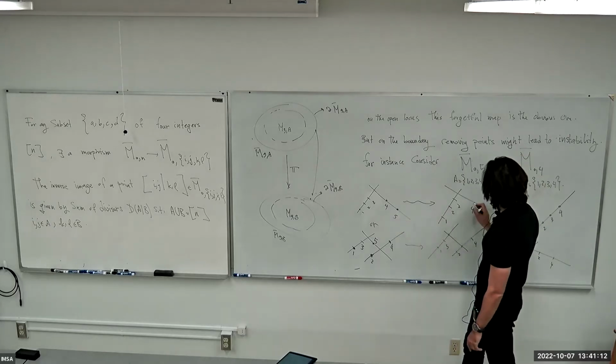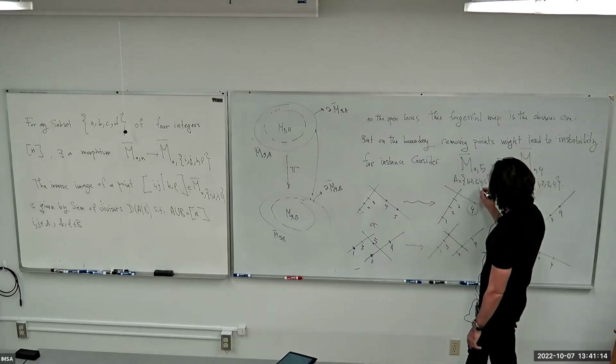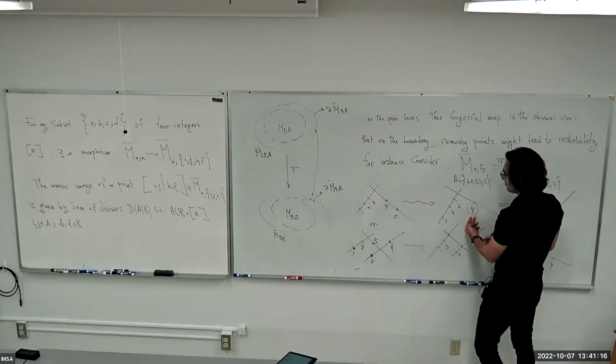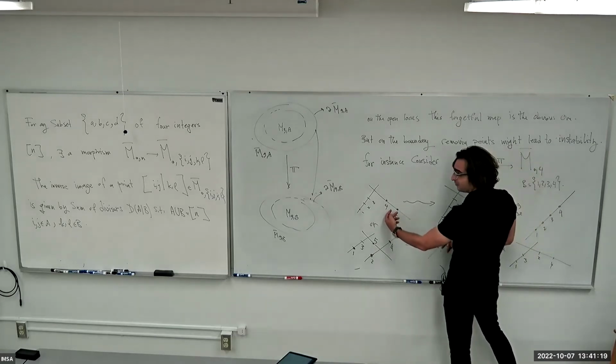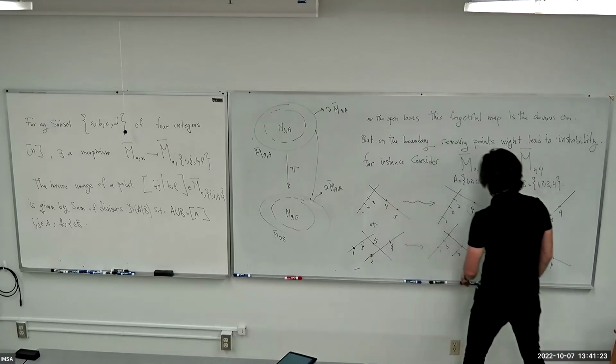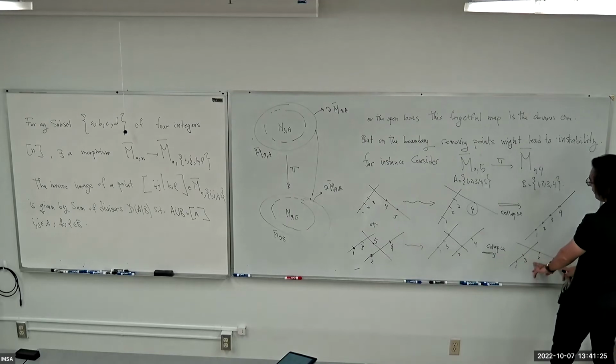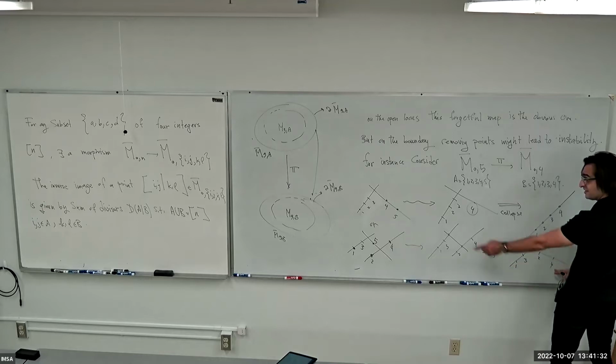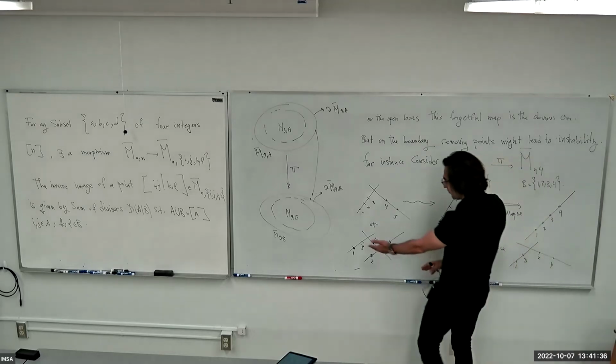I could have picked 3 and 4, so 4 and 3 will be here, but I need to add the number 5 to it. And the same thing with this one. If I take 1, 2, 3, 4 and give a partition 1, 3 and 2, 4, and I look at the pre-image of this, I will get 1, 3, 5.